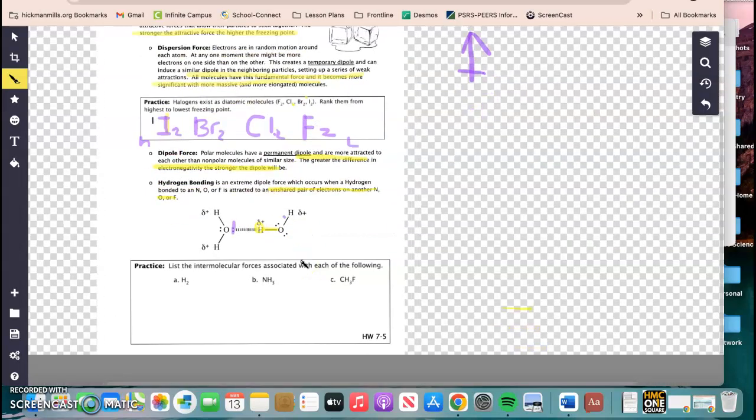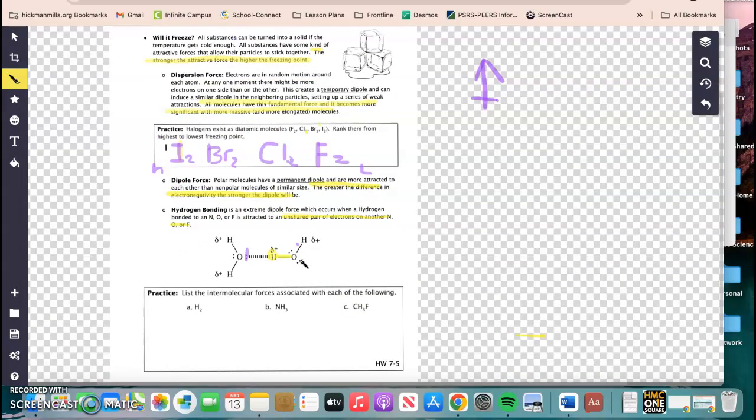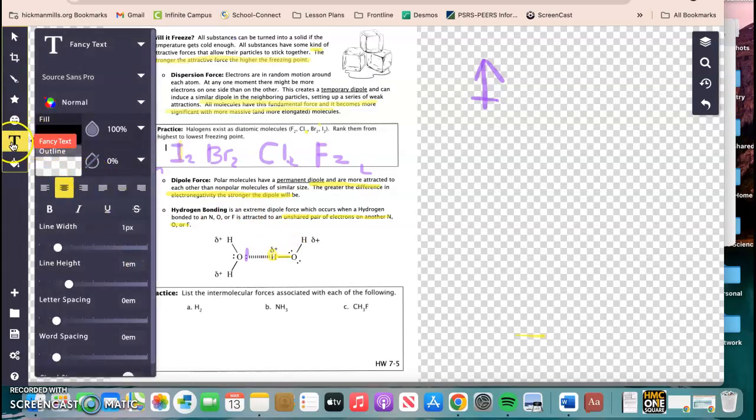All right, so now let's list the intermolecular forces with each of these. So right off the bat, all of these are going to have dispersion forces.